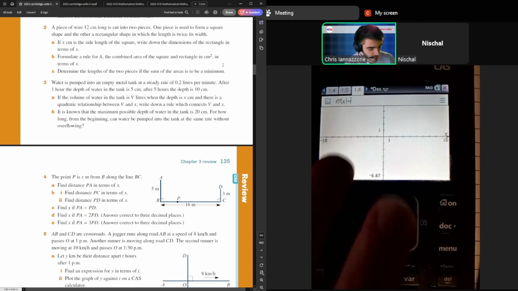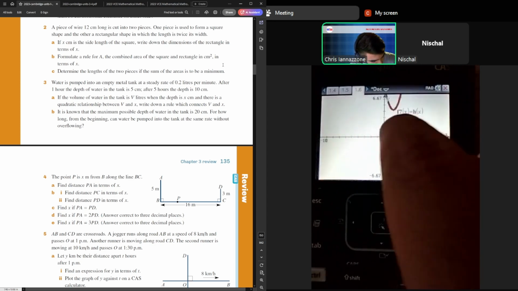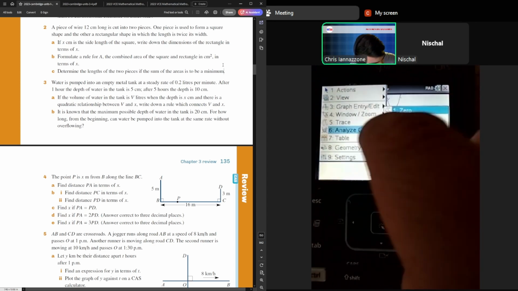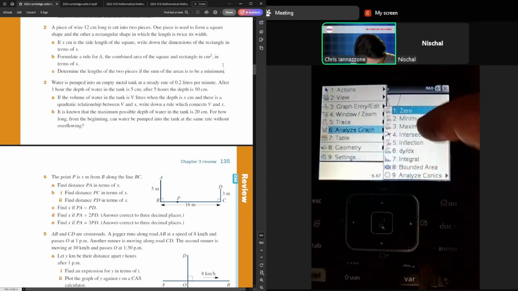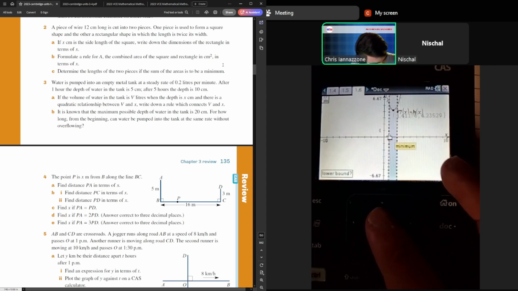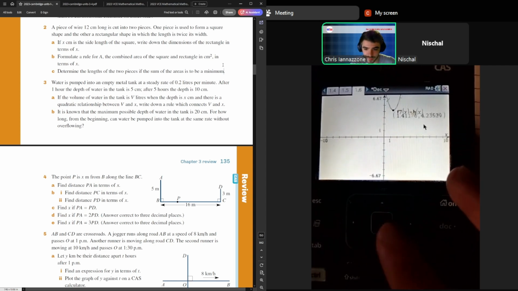So I'd shy away from using the graphing tool for a final answer, but it's good to at least know I can plot my function and see the minimum. So this is going menu 6 and then 2 for minimum. Just drag it either side and you'll get some decimal, right? You can't really use that as your value, unfortunately.